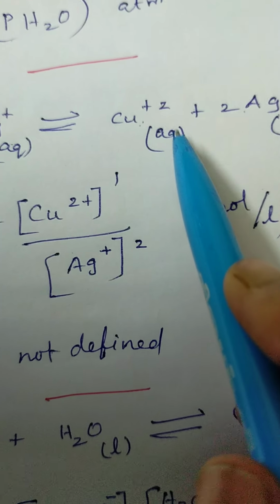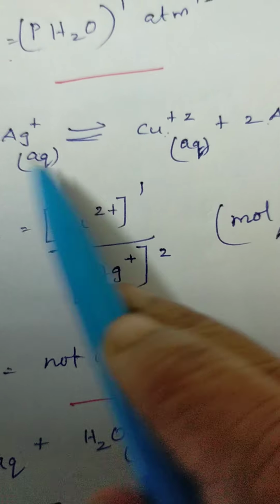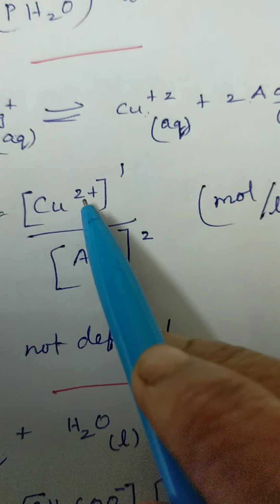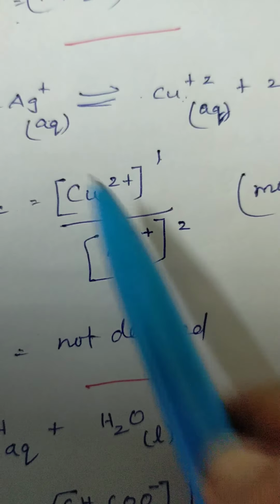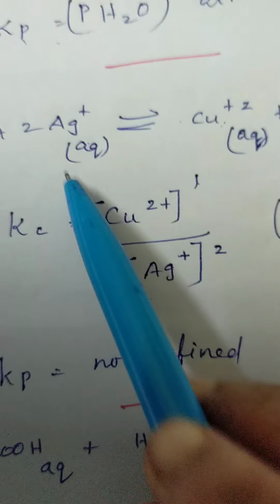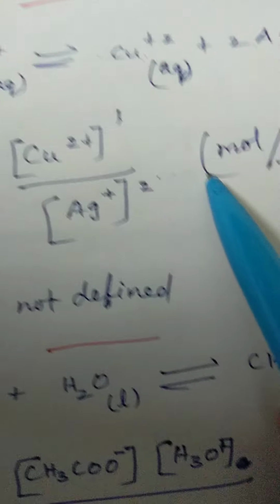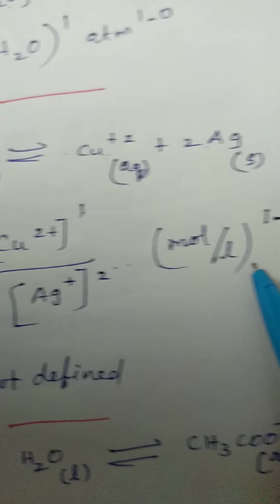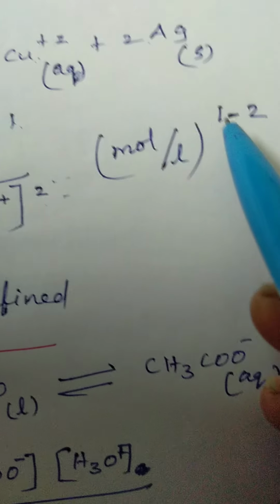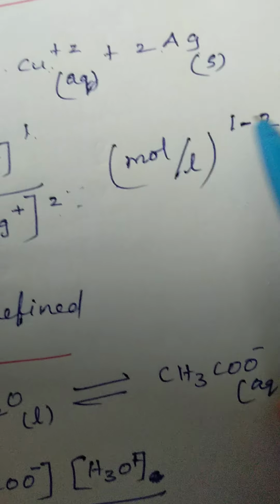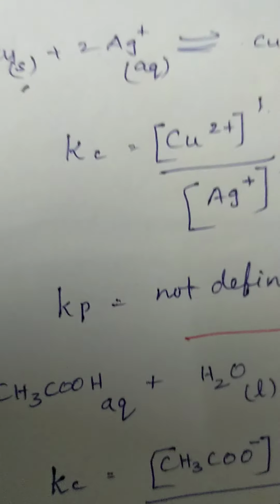We consider only the aqueous species. Cu2+, what is the coefficient? 1. Ag+, what is the coefficient? 2. So mole per liter, 1 for one and minus 2 for the other.